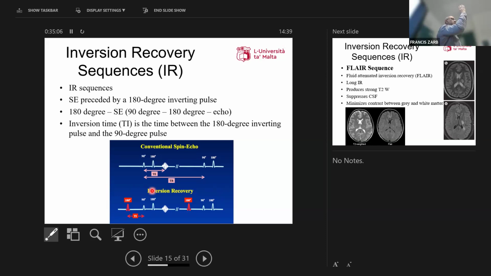And it reaches the maximum again. Imagine I have two tissues which have the same characteristics. I'm talking about water, for example, CSF, which is the natural fluid in the brain, and edema in the brain, because I have a tumor with edema in it.